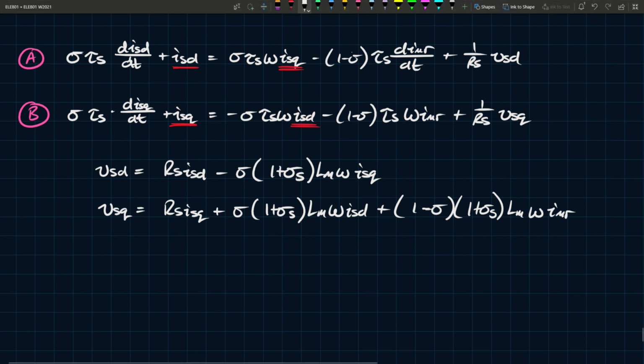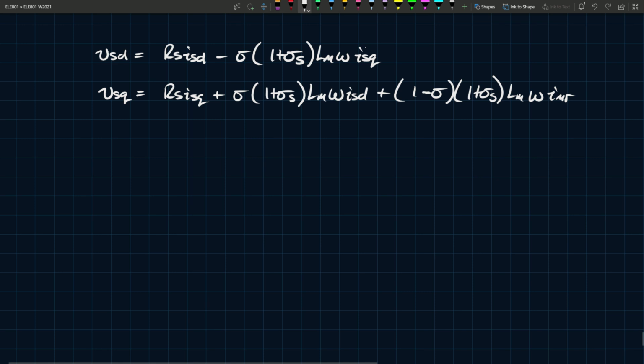And this is actually what we do in control. So we say that if ISD is equal to IMR's reference and ISQ is equal to ISQ reference, then you can replace these terms. You can replace this ISQ, let's say, with ISQ star, and you can replace this ISD here with IMR star, right?